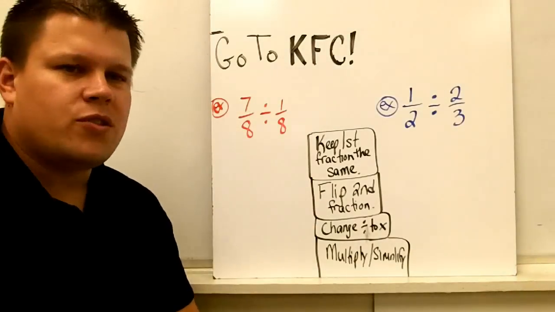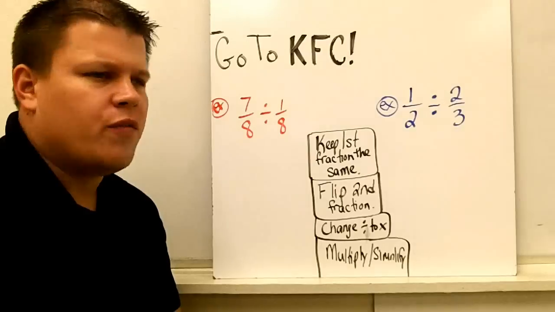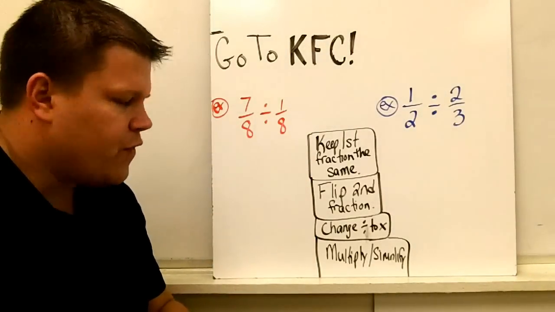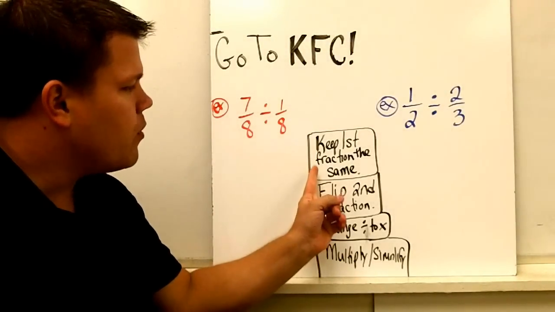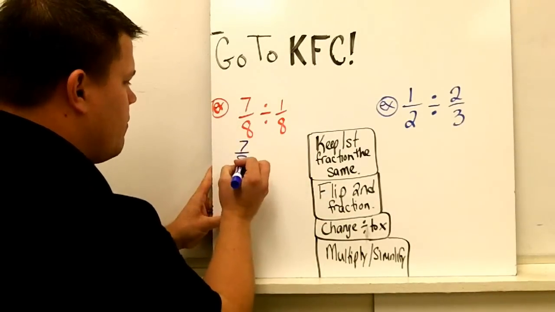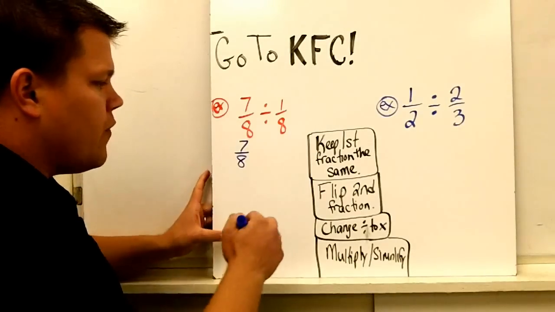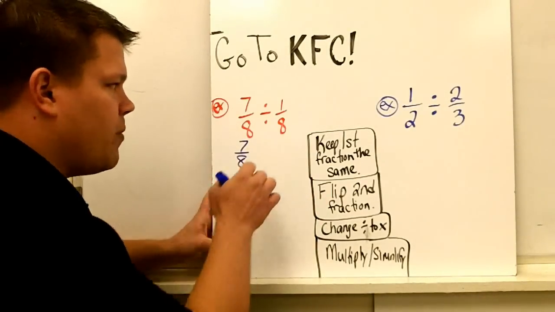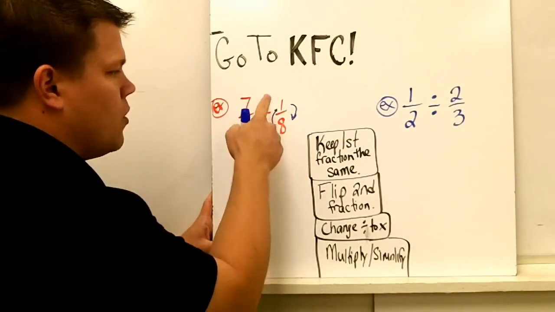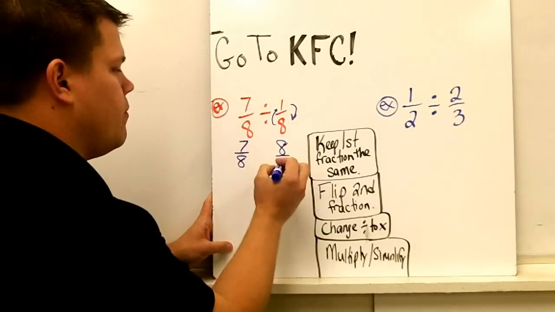When we're going to try this KFC thing, we're going to divide 7/8 divided by 1/8. Well, if I'm going to keep the first fraction the same, I'm going to keep the 7/8 exactly the same. If I'm going to flip the second fraction, I'm going to turn it from 1/8 to what looks like 8/1.